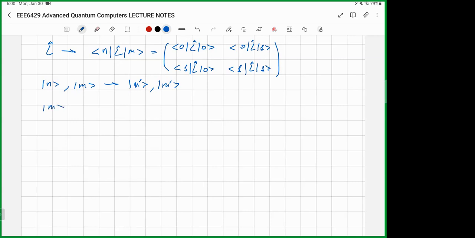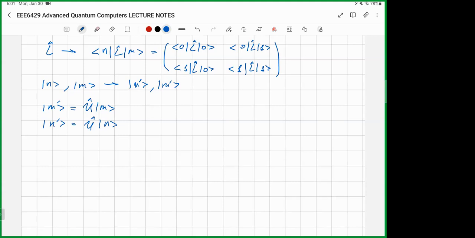So I can write m prime is equal to my unitary operator U times the old vector m, and this vector n also is transformed through this unitary operator U, right? So first we have our initial basis n, m, and then we apply this unitary operator to transform this basis to other vectors m prime, n prime.